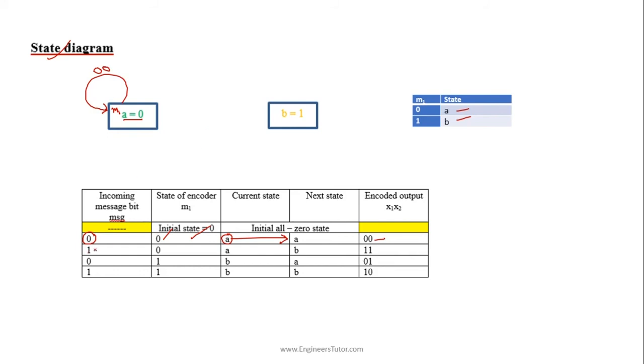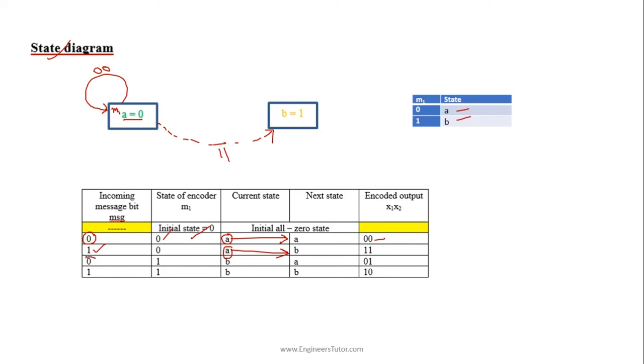And if the incoming bit is 1, and initially at state 0, it changes from state A to B. 1 is represented with a dotted line. State changes from A to B, and the output is 1 1.